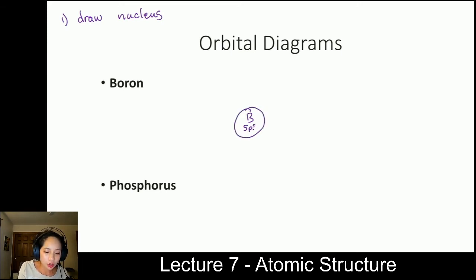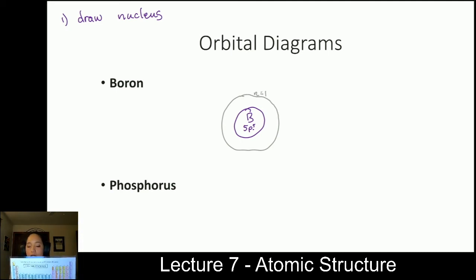First I'll draw my n equals 1 here. And then I'm just going to count all of the elements starting at hydrogen. My goal is to get to boron, which is element number 5, but I'm going to start at hydrogen. So I know hydrogen, that's a 1s.